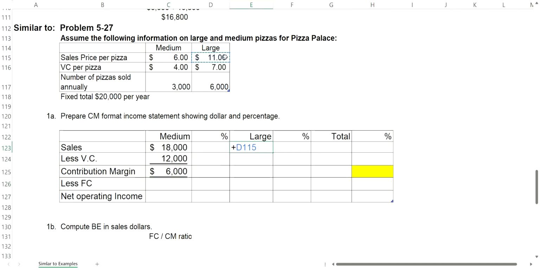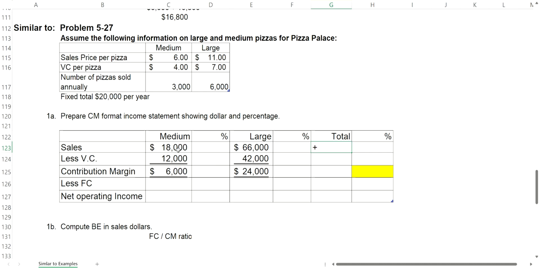Okay, let's do the same for the large. Selling price for the large is $11 a pizza, times we typically sell 6,000 pizzas per year for 66,000. The variable cost is $7 a pizza times 6,000 pizzas is 42,000. Then take 66,000 minus 42,000, and our contribution margin is 24,000.